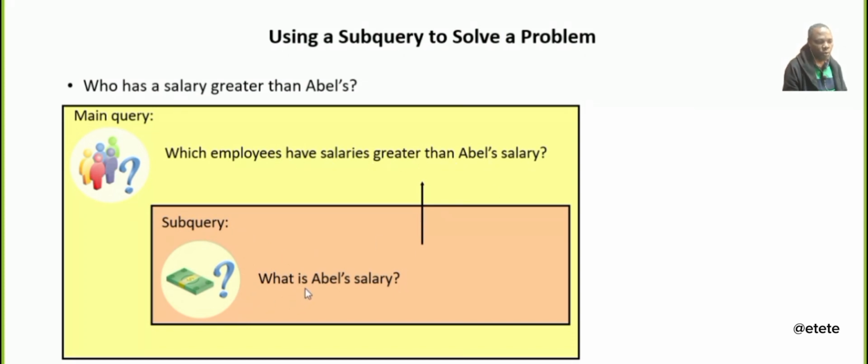Now the subquery will be, what is Abel's salary? Whatever answer this inner query returns is what the outer query will now use to give you your final output. So that is the meaning of a subquery. You are using a subquery in a place where the condition is unknown. Like this one now, the salary of Abel is unknown. So we have to find it before we can tell who earns a salary that is above that.